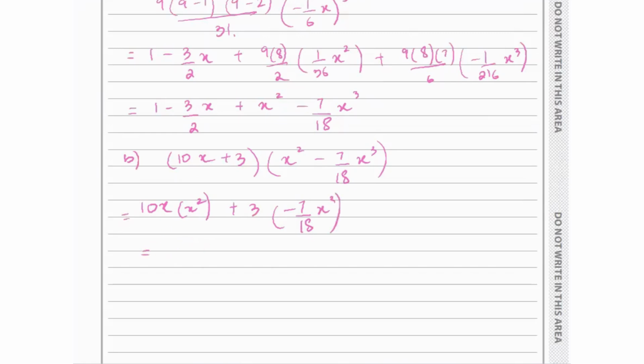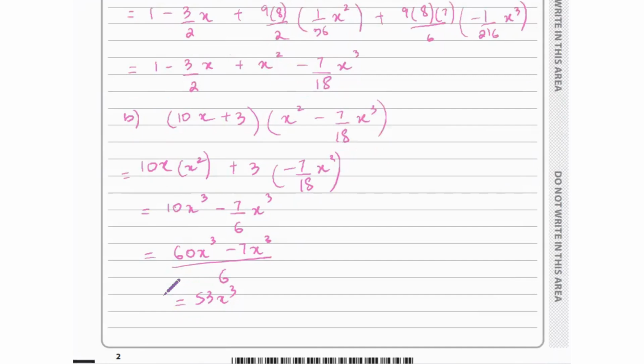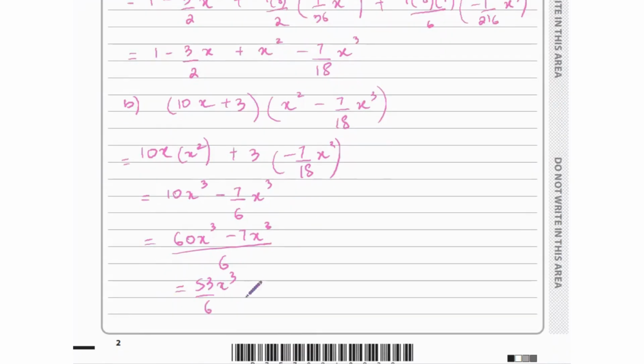That gives us 10x cubed minus 7 over 6 x cubed, which gives us 60x cubed minus 7x cubed over 6. That's going to be 53x cubed divided by 6. So the coefficient of x cubed is 53 over 6. That's your answer.